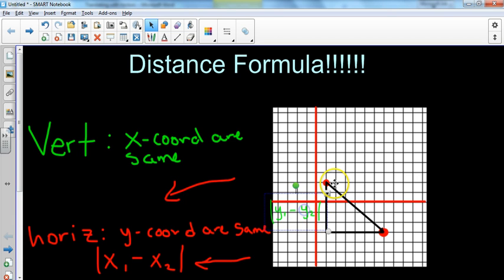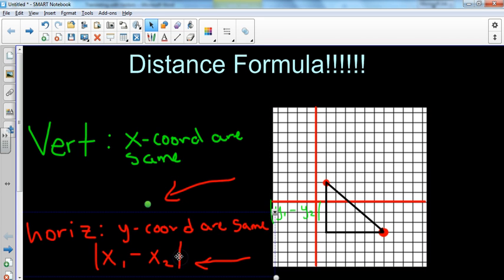And the length of the horizontal segment here, doesn't that just take our x-coordinates of these points? So this little rule is going to find the length of our horizontal segment, right?